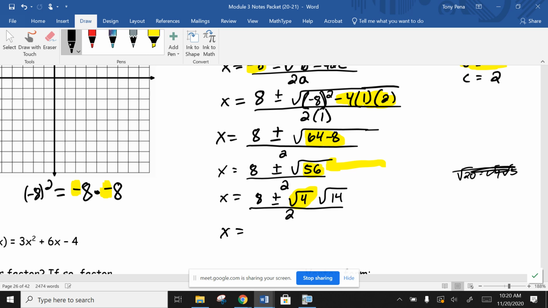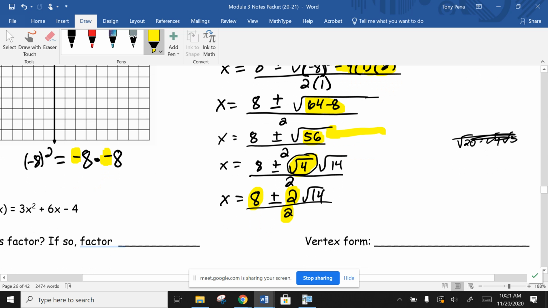Okay, so now in this next step, we have 8 plus or minus. This we now know is just a regular old 2, so we can break that down into a 2. And there are a couple of different routes we could take. As long as the three terms that are not underneath a radical have a common factor, then we can simplify further.